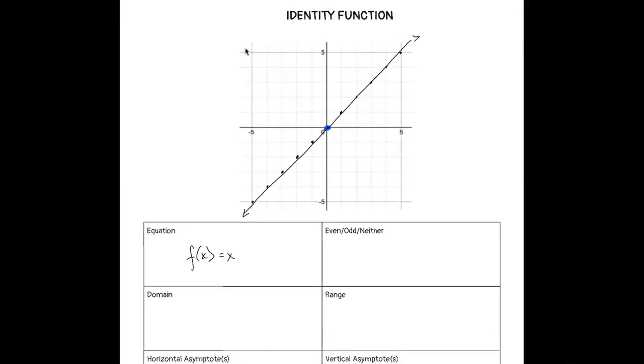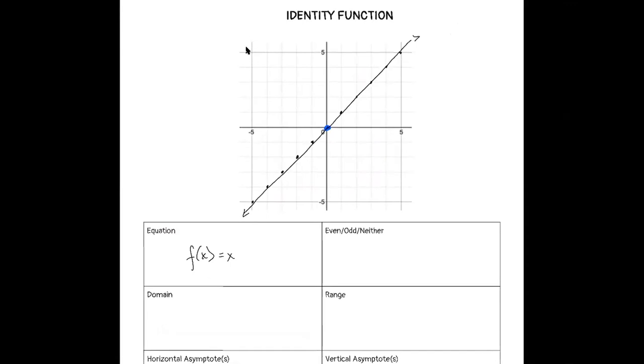All right, so let's start with the domain here. Are there any x values that you cannot put into the equation? Can you put positive numbers into this equation and get a number back out? Can you put negative numbers in and get a number out? Can you put 0 in? That one we know for sure because that was the first one.